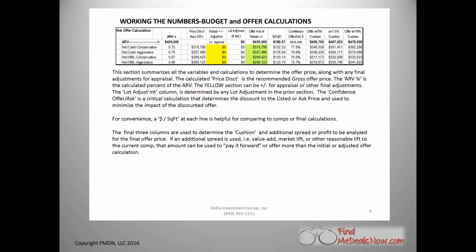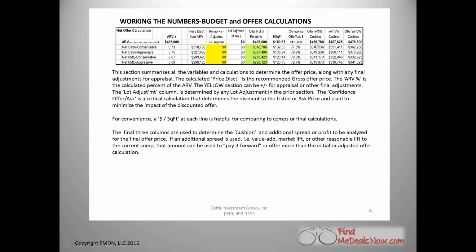And the reason for that is, let's say you're doing your updates or your rehab, and the market's going up. If it's going up 1%, 2%, 3%, maybe you're adding more features or better product that's going to push it beyond what the initial calculated ARV is, you can put that in as a cushion, which would allow you to then make a higher purchase price.